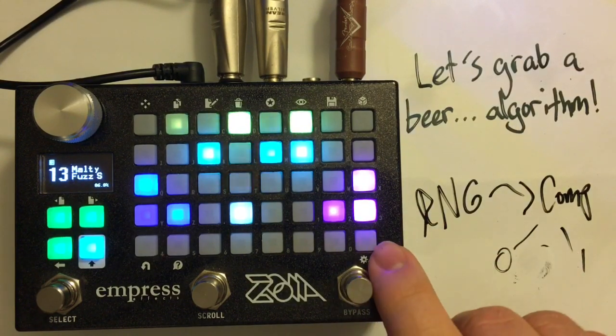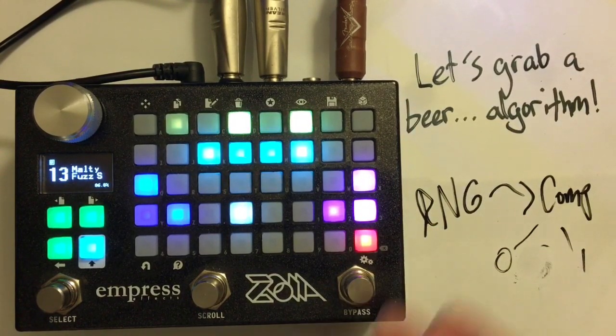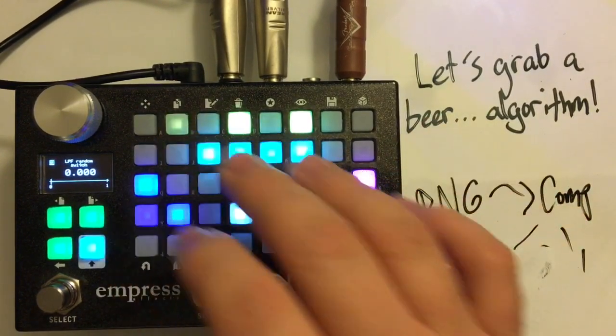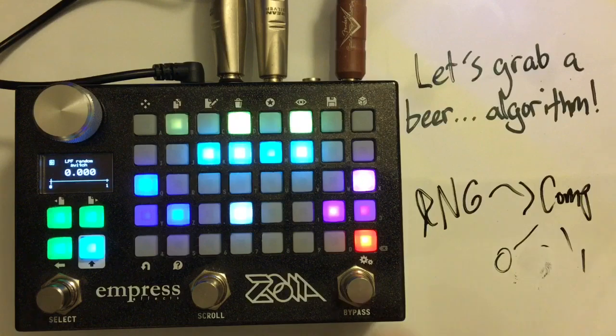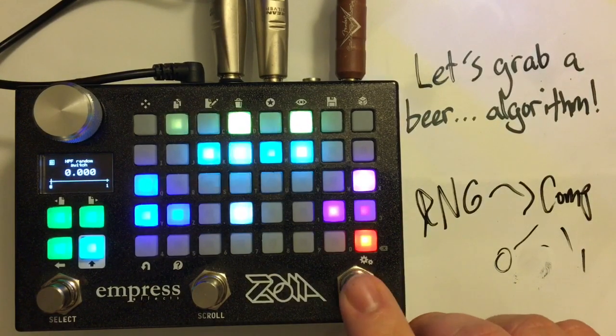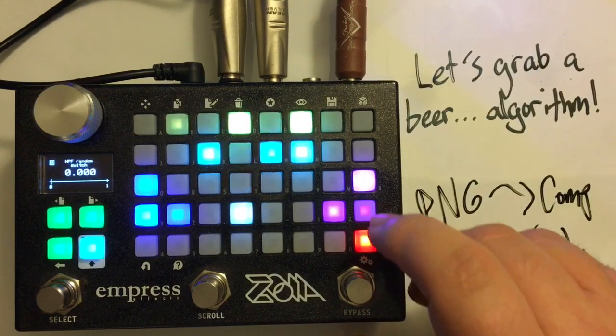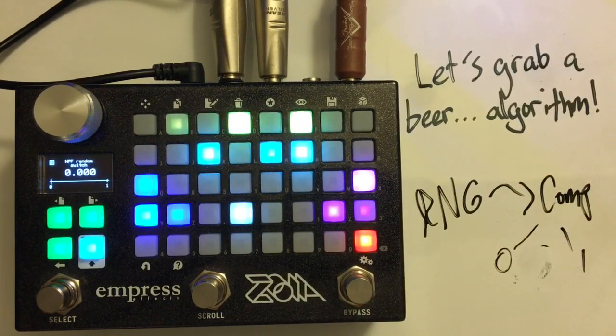So when it's off, there's no random modulation, and these become push buttons, and you can turn them on and off for each individual one you want, and then use this foot switch to activate which one you want to use.